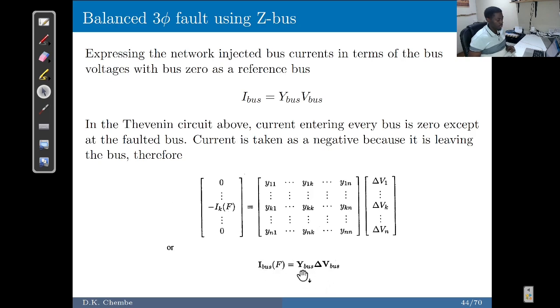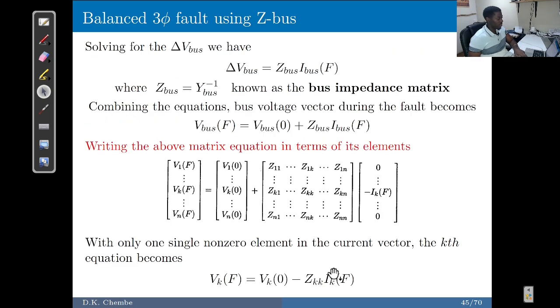So I bus is equal to Y bus multiplied by the change in the bus voltage. But when we come to solving for the change in the bus voltage, we get the change in the bus voltage to be equal to Z bus multiplied by I bus. Okay? Z bus multiplied by I bus.